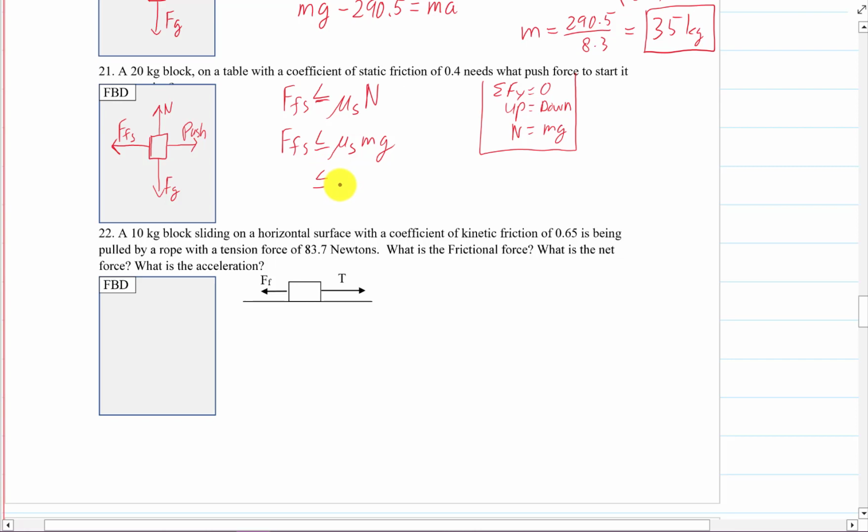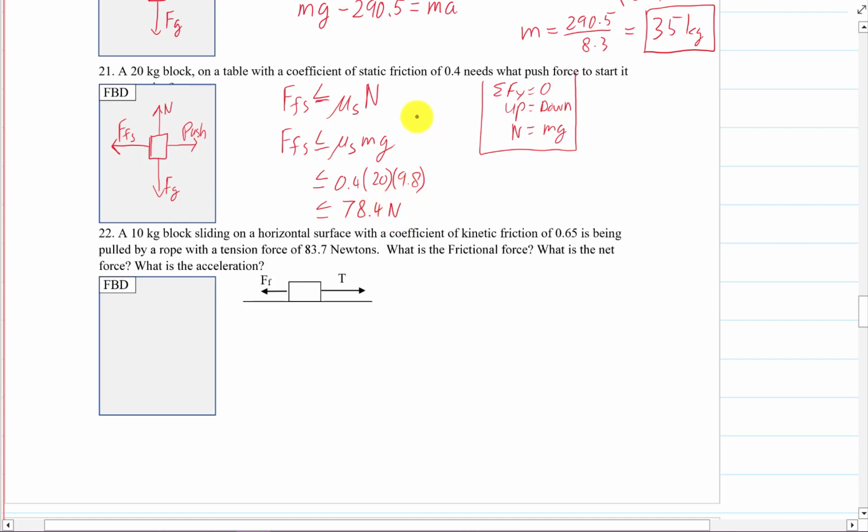And in this case, it is 0.4 times m, which is 20, and this is 9.8. And then when I calculate that all out, I will get 0.4 times 20, which is 8. 8 times 9.8 is 78.4 newtons.